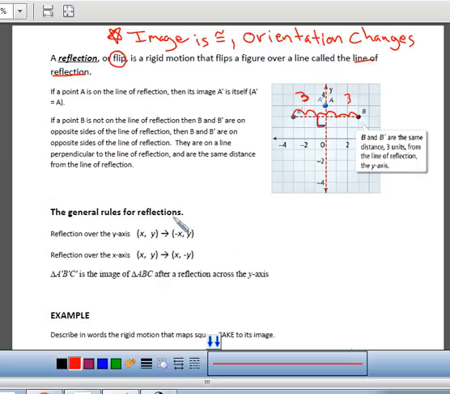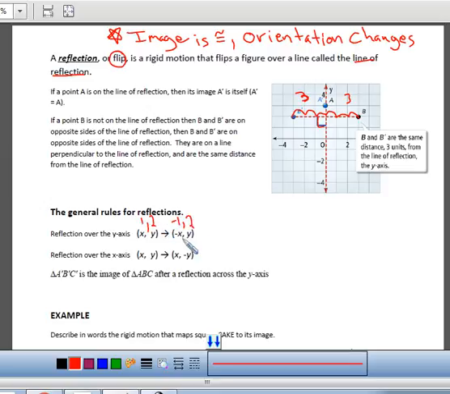The general rule for a reflection is a reflection over the y-axis. Watch what happens here. Your original point x, y, so let's say it's 1, 2, becomes negative x, or the opposite of x, and y. So if x is 1 and y is 2, the opposite of 1 is negative 1.